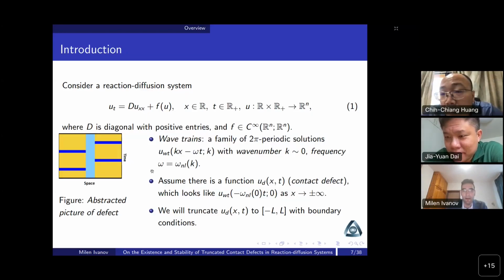So in brief, we have to assume that our reaction diffusion system supports such periodic solutions, and I need to assume that the wave number k is approximately 0. The wave number is for 1 meter, and the frequency is for 1 second.